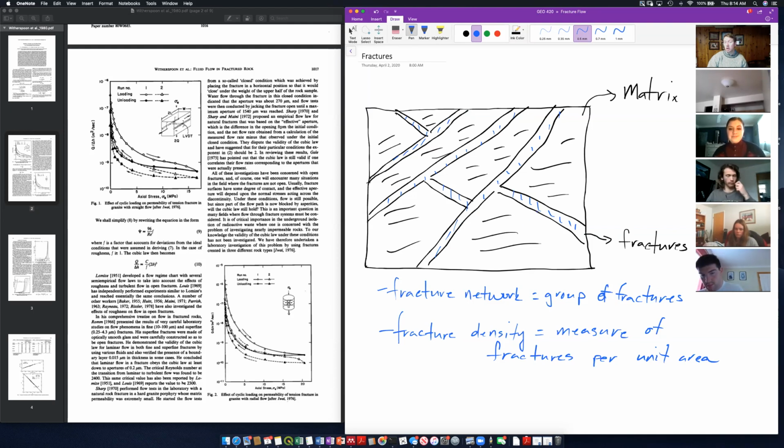When we try and measure any kind of fracture density, all we get is a face of a wall to look at, or the face of a borehole. So in general, what we're really interested in is per unit volume, but it's really hard to measure that. So most of the time we'll call fracture density per unit area, but I'm going to put volume here because that's really what we're after.